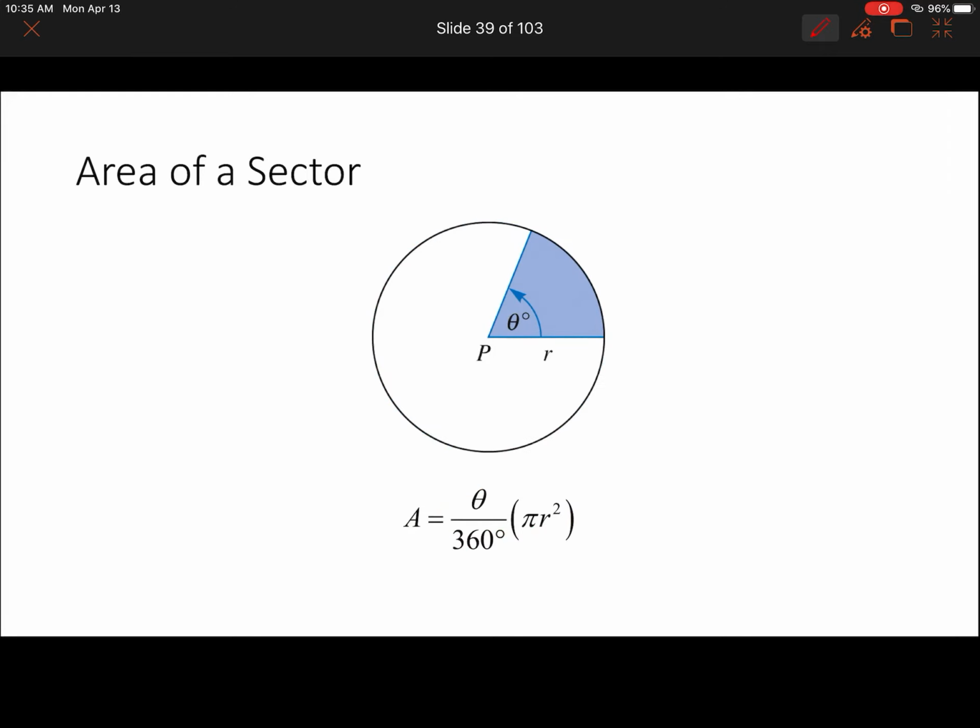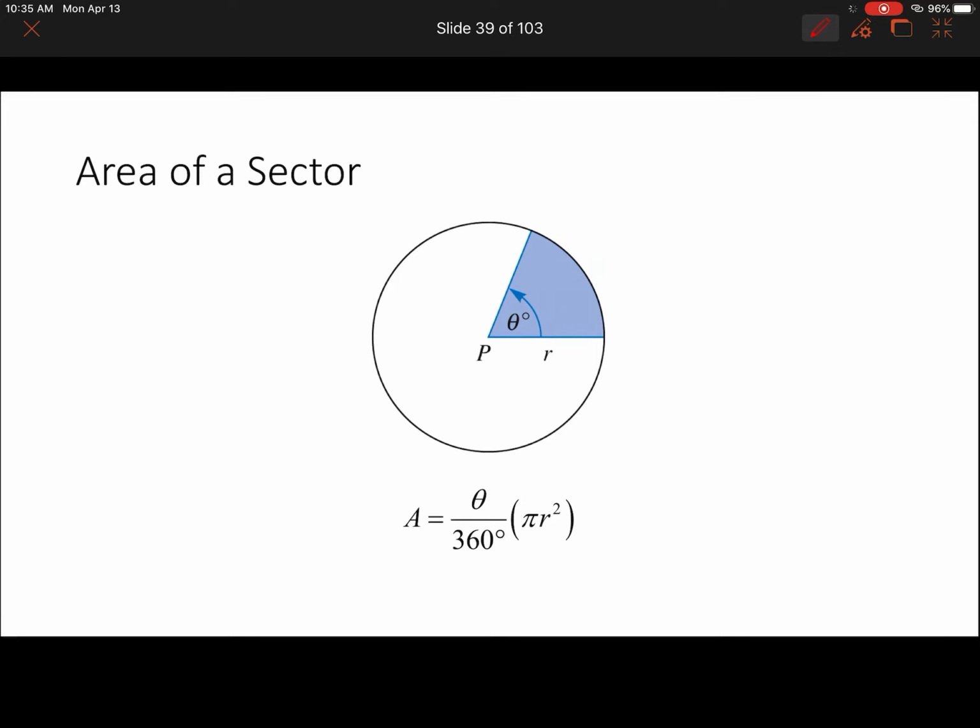And so then that leads us to the area of a sector. So a sector is a section of a circle. Okay. And so we can find the area by taking theta divided by 360, which is going to tell us the amount of rotation and take into account that area, times the area of a circle, pi r squared.